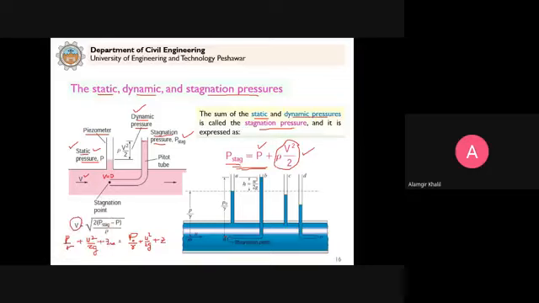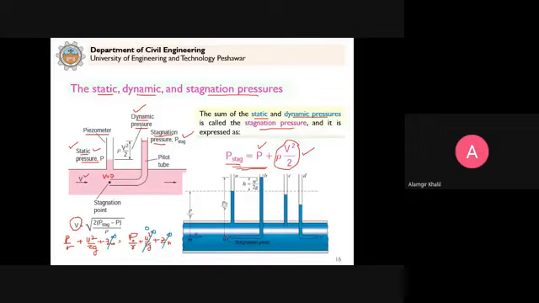Now let us simplify this equation. Simplification means that when a fluid reaches this point, just outside the entrance to the pitot tube, it is brought to rest. So that's why this velocity is 0 at this point N. Since point M and point N are at the same level, this and this cancel out. Clear? They are equal.